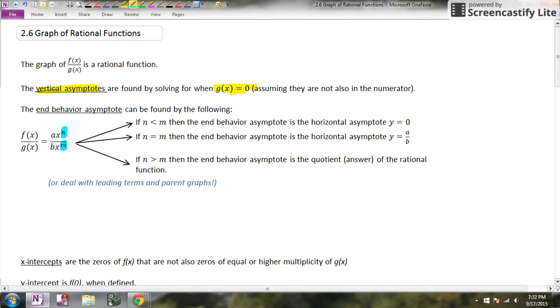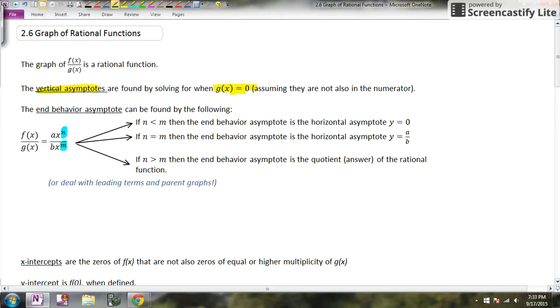If they are equal, then you take the leading coefficients, a over b. And if the numerator's degree is more, then you have no horizontal asymptote. It's all kind of based off of a y equals x line, and also a y equals 1 over x line, and has to do with reducing and getting that asymptote.